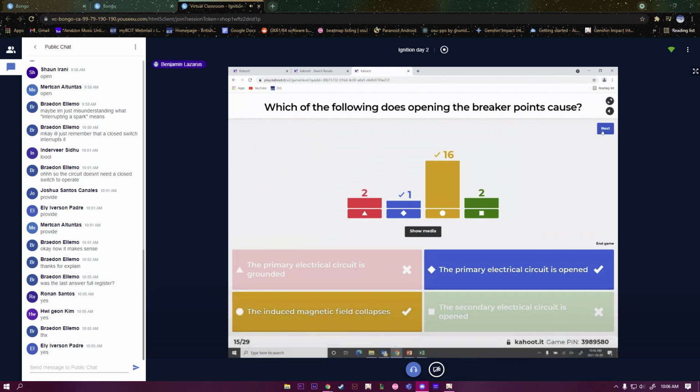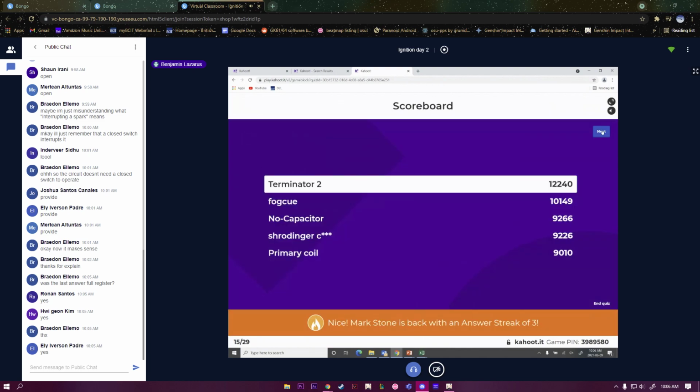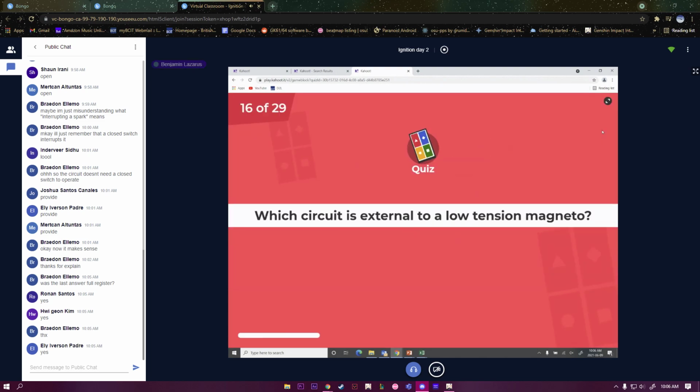Okay. Opening the breaker points opens the primary circuit unless the ignition switch is closed, making this all messed up. Then it doesn't make a spark. And then the induced magnetic field collapses. Very good. 16 to 29, over halfway there.